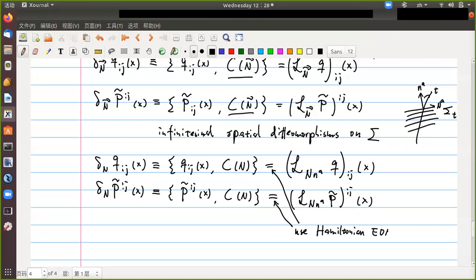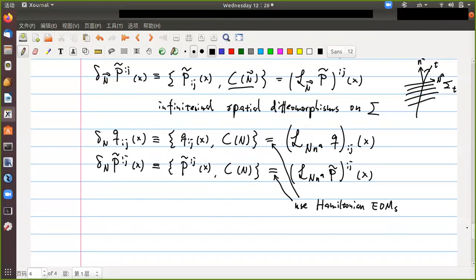Hamiltonian equation of motion. Okay, so the meaning of these two equations is that the Hamiltonian actually generates infinitesimal diffeomorphism perpendicular to sigma.